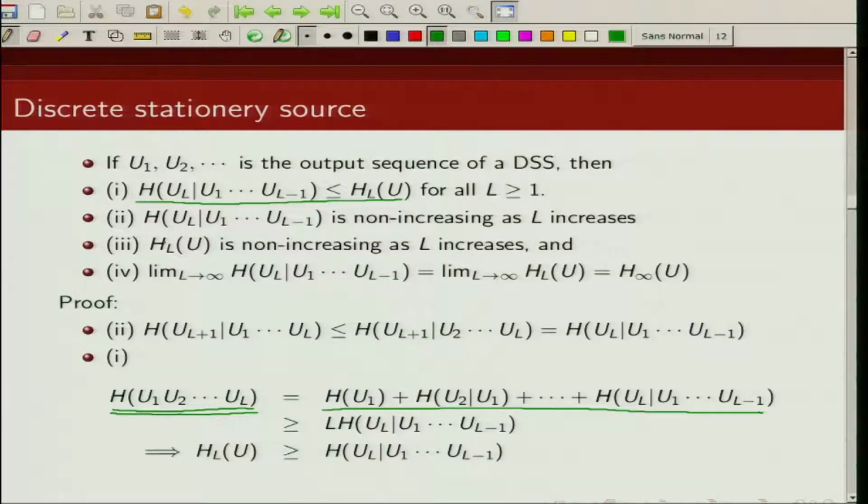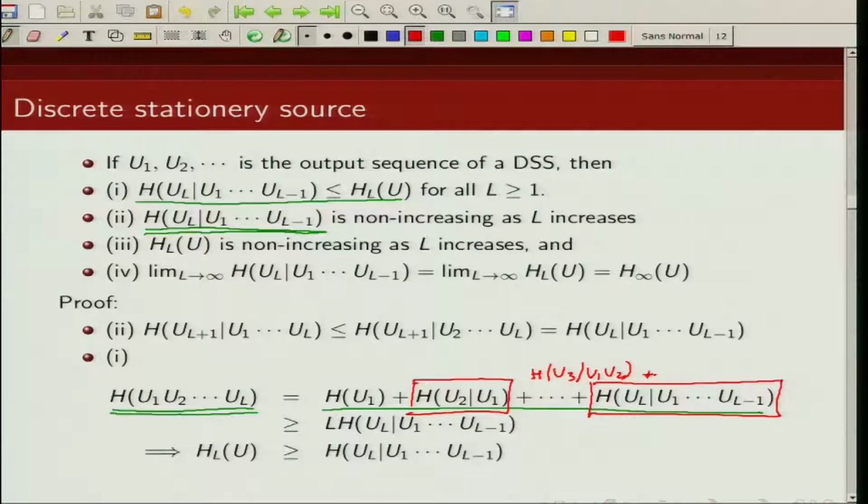Now from property number 2, we know that as L increases, this term is non-increasing. So in other words, among all these terms, like H of U_3 given U_1, U_2 and so on, the smallest term is going to be the last one. Why? Because as L increases, this is non-increasing.